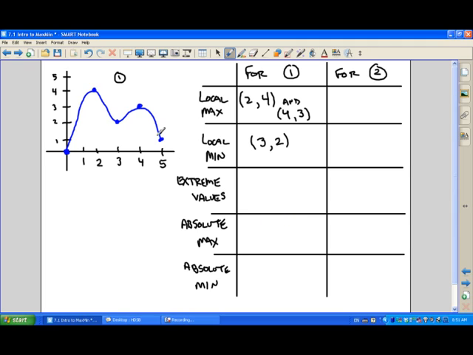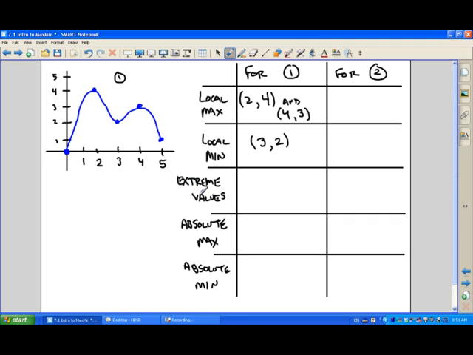And some of you might be saying to yourself, well, I see other points that are lower than this local minimum. Why aren't we identifying them as local minimums? Well, we don't identify them as local minimums because you can see at these 2 endpoints, they don't form that nice trough of a valley. They're just endpoints.